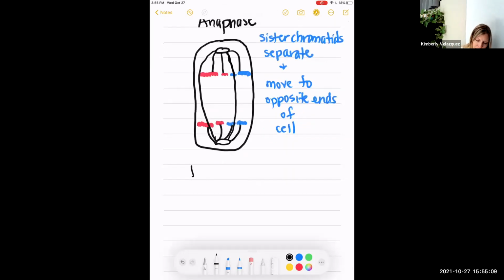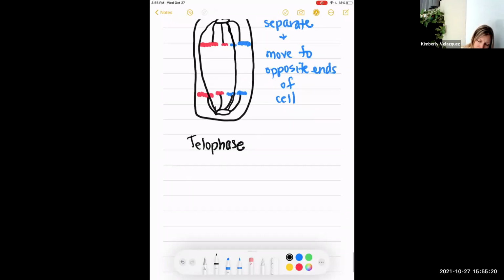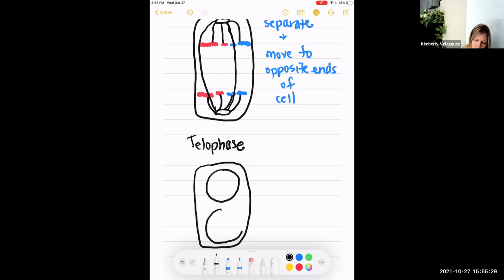And in this last stage, telophase, this can be pronounced telophase or telophase. That's an E. Two important things happen. One is that new nuclear envelopes form around those separated chromatids.